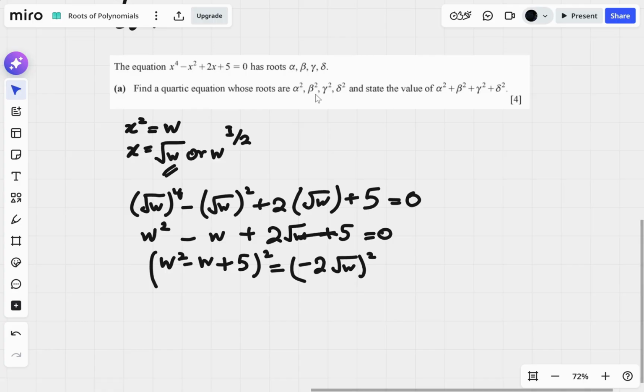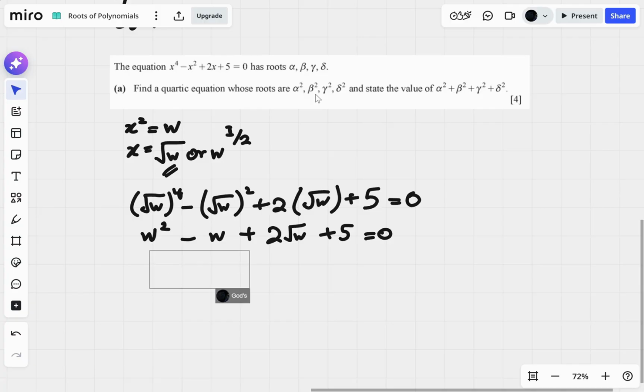So let's take something else towards the other side as well. Let's go back a little bit, let's just erase this and make it another. So let's do it as w squared minus w equals minus 5 minus 2 square root w.